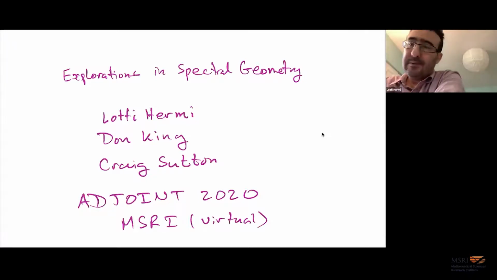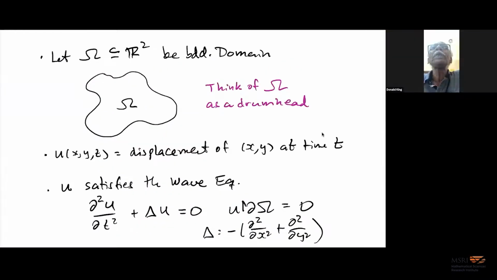So we start with a problem or situation I'm sure many of you have seen, and certainly a very important problem in partial differential equations. We have a planar region in R2, omega.